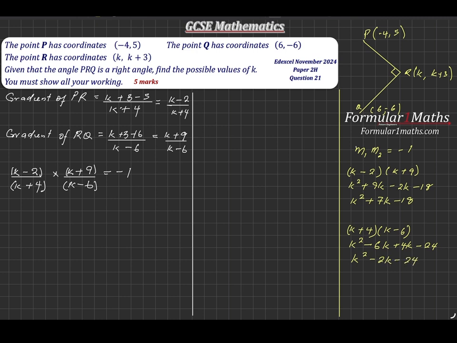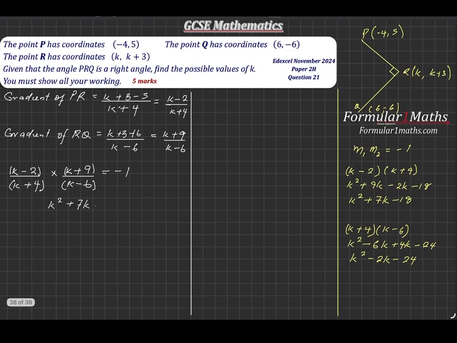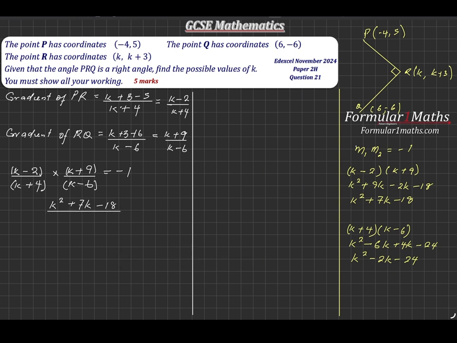So I'm going to replace this with that and replace this one with that. If I do that, I'm going to get k squared plus 7k minus 18 over k squared minus 2k minus 24 equal to -1. I'm now going to multiply both sides of the equation by this denominator here.